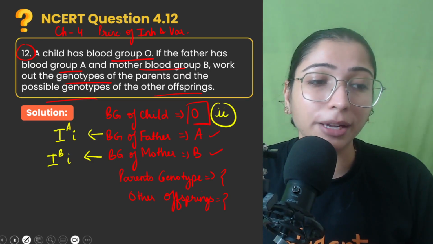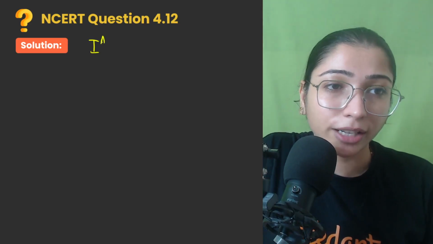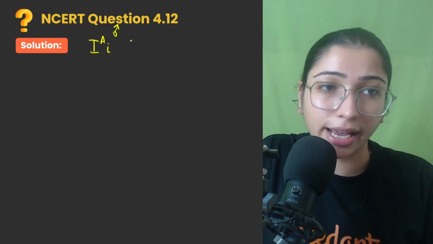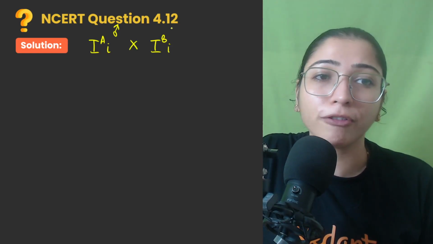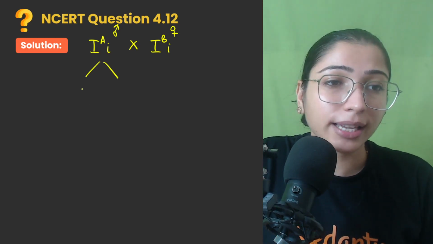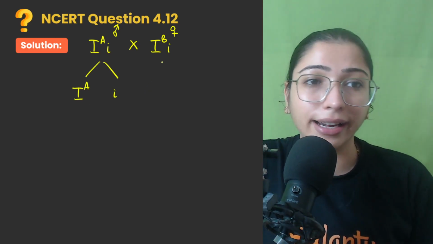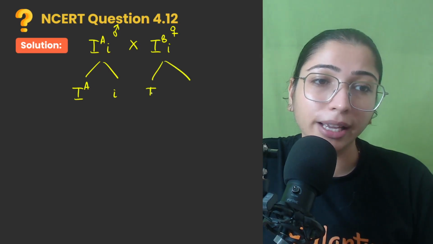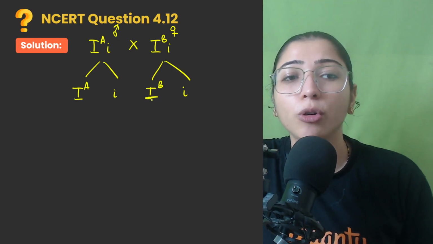तो basically हम एक Punnett square बना लेते हैं to understand this. Let's assume that the blood group of father is A like this in a heterozygous form and the blood group of mother is also in heterozygous form. So let's make gametes here. What will be the possible gametes formed in case of father? I^A and i. In case of mother it will be I^B and small i, where small i is going to contribute to O blood group, right?